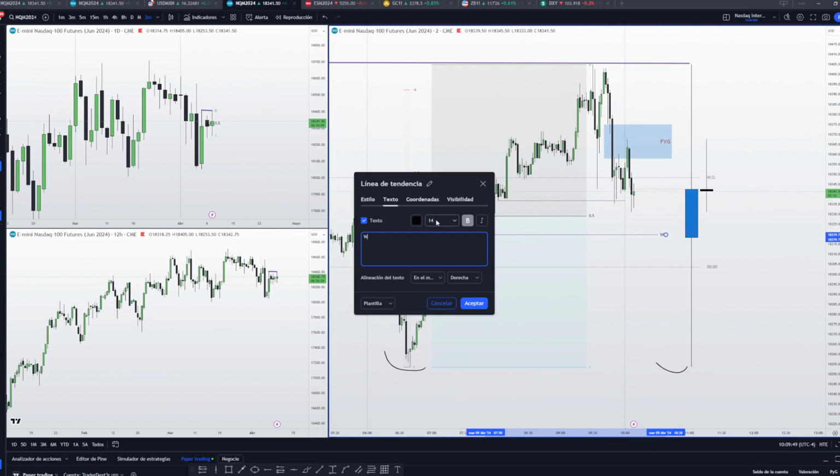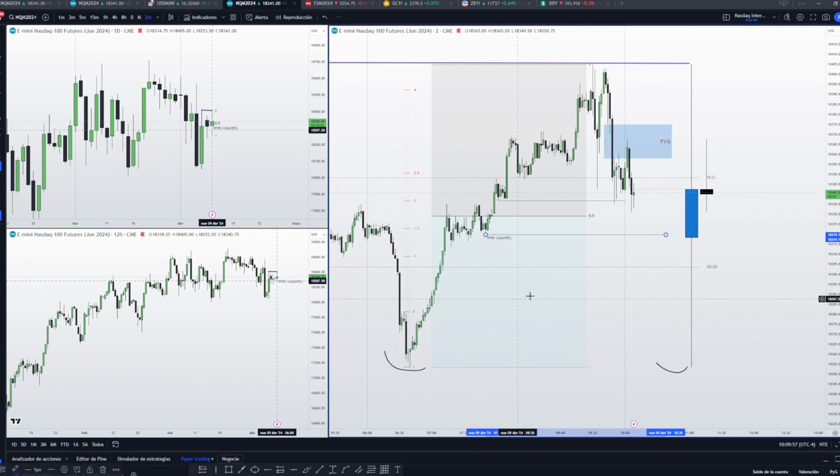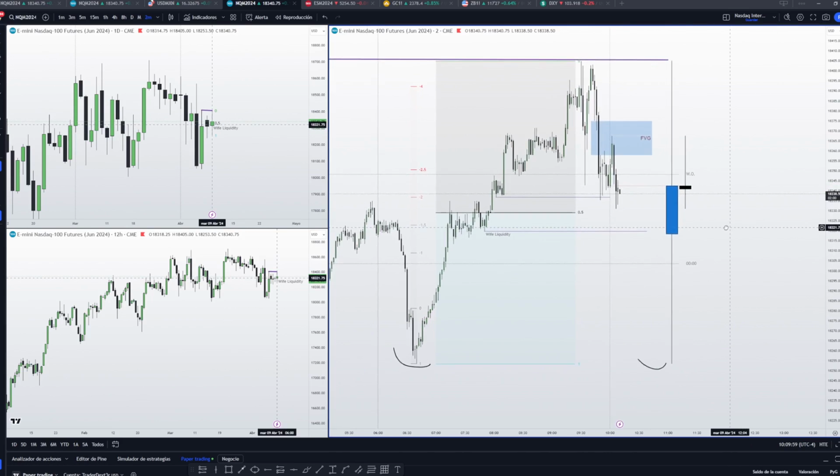This is the liquidity below the equilibrium, the retracements or reversal.